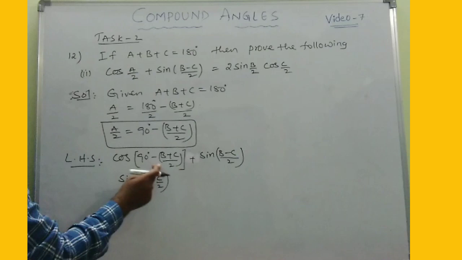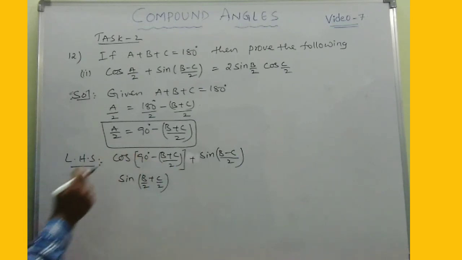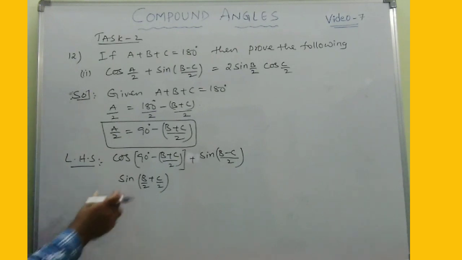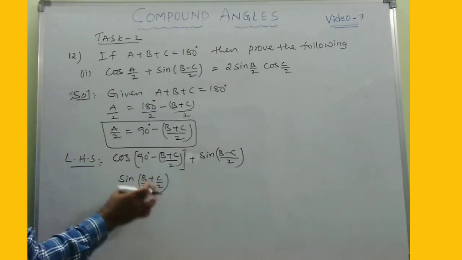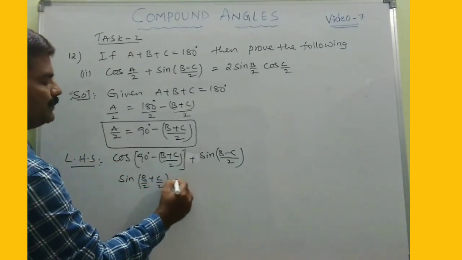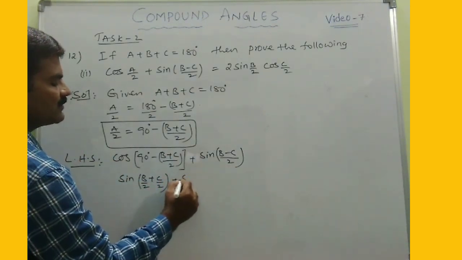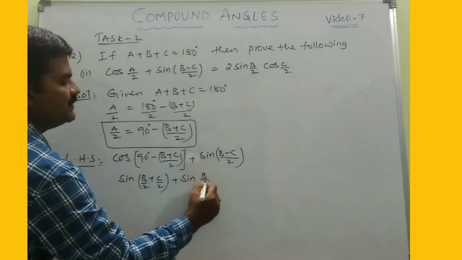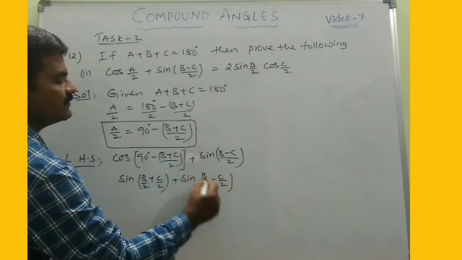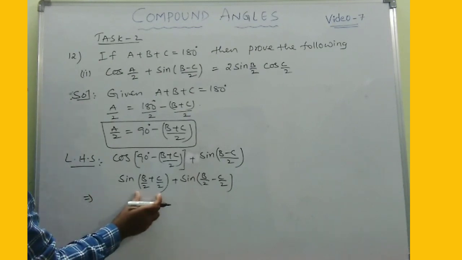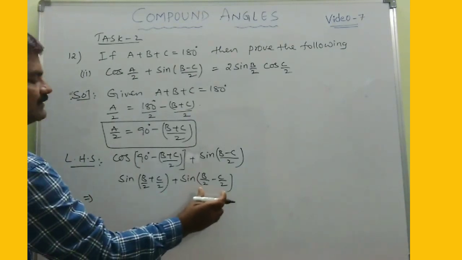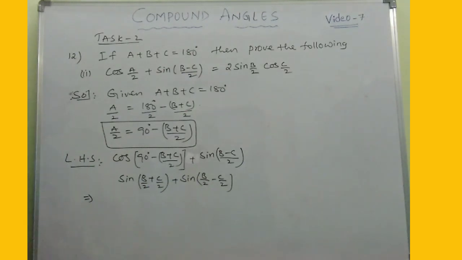Moreover, it is in the form of 90 minus theta, so first quadrant, anyhow all are positive. So this is entirely equal to sin of (B by 2 plus C by 2) plus sin of (B by 2 minus C by 2). Now once again this is in the form of sin of (A plus B) and this is in the form of sin of (A minus B).